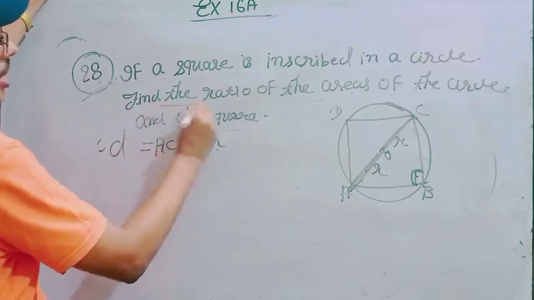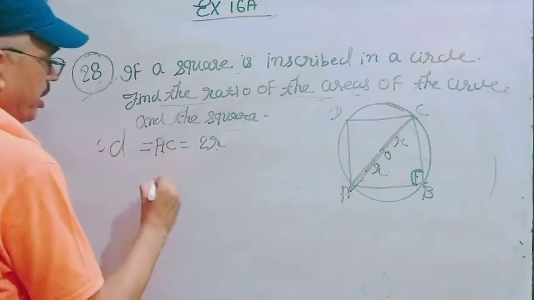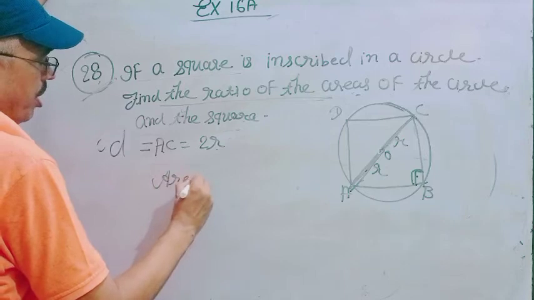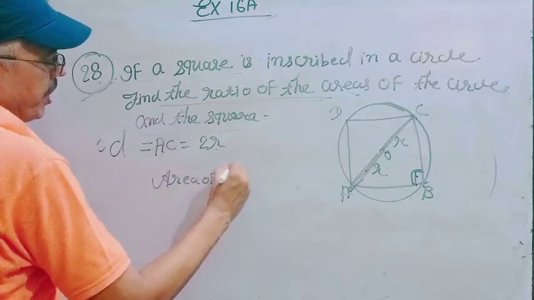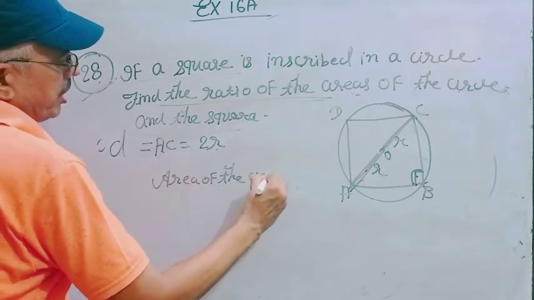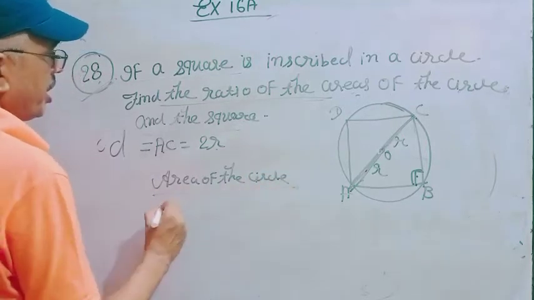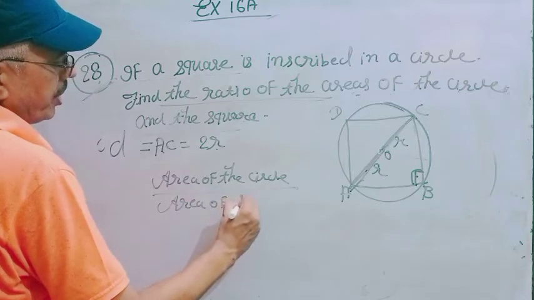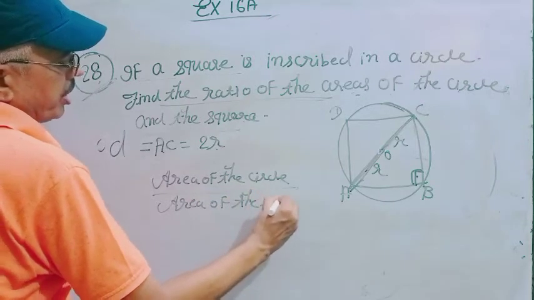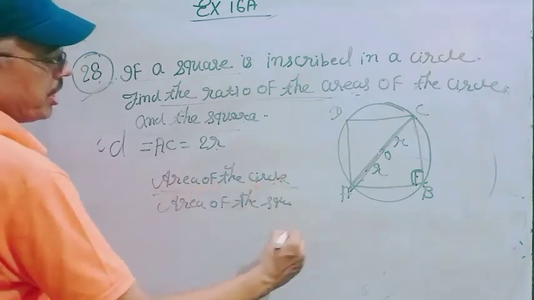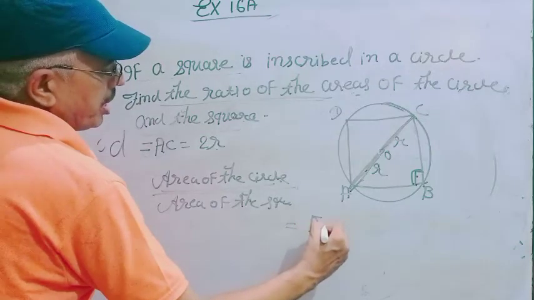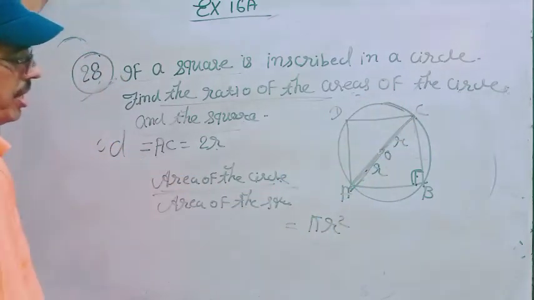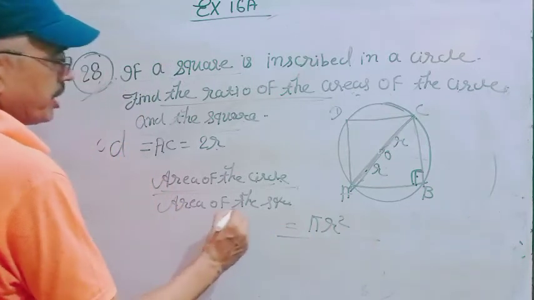Your question is to find the ratio of the area of the circle to the area of the square. What is the area of the circle? That is pi r square. r is given. What is the area of the square?